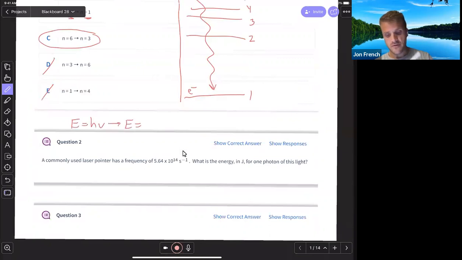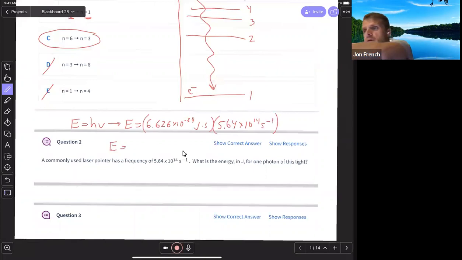So the energy of that photon equals Planck's constant, 6.626 times 10 to the minus 34 joules times seconds, and my frequency in this case, 5.64 times 10 to the 14 inverse seconds. Multiply those two together, we're going to get something times 10 to the minus 19 joules.